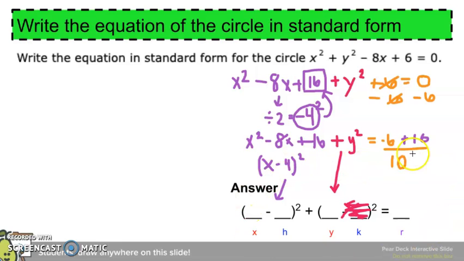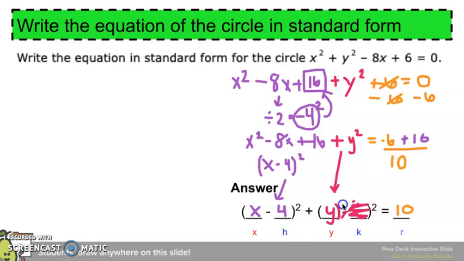So now we can go ahead and fill in our equation. Go ahead and put our equation into our answer right here. So we have x minus 4 squared plus y squared equals our radius squared, which is 10.